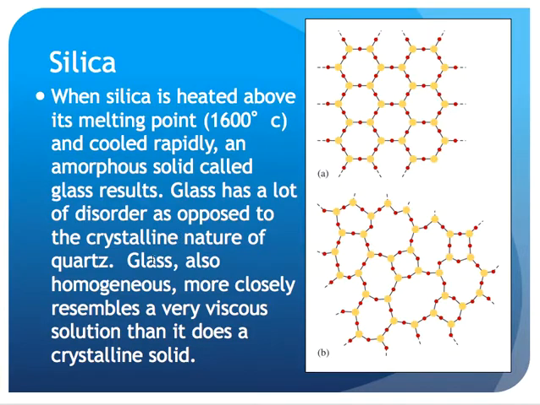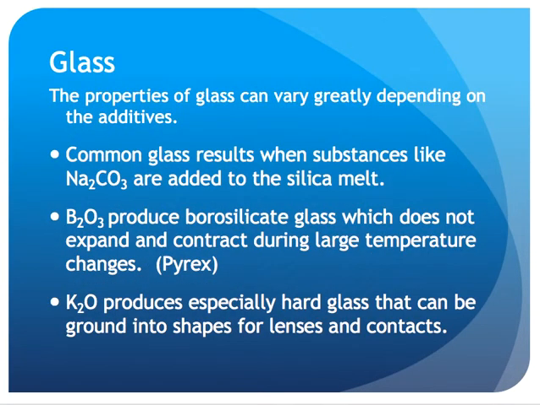It's normally described as almost like a homogeneous, very viscous solution, rather than something that's crystalline. So if it's crystalline, we see the structure, and down here we see something much more disorganized. And so this is why we see a difference in visual characteristics between quartz and glass.